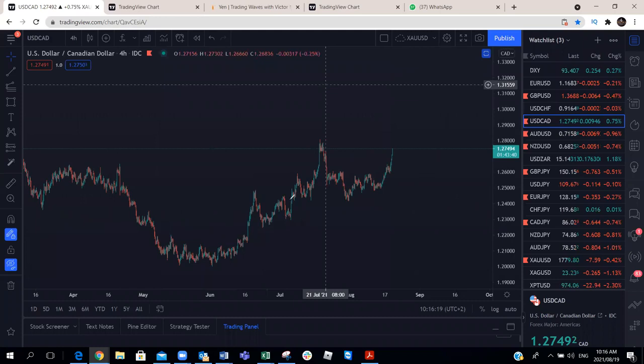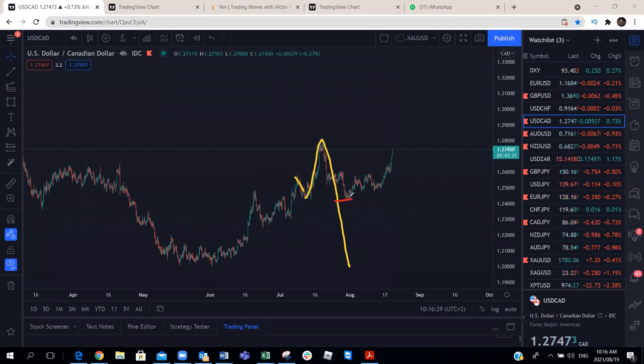While we were here, we focused on the move from here to here. When it made a pullback here, we're still expecting continuation to the downside. And when it did this, we're still expecting this to give us a three-wave structure. So that structure has been invalidated, as you can see. So we'll look for a new setup there.